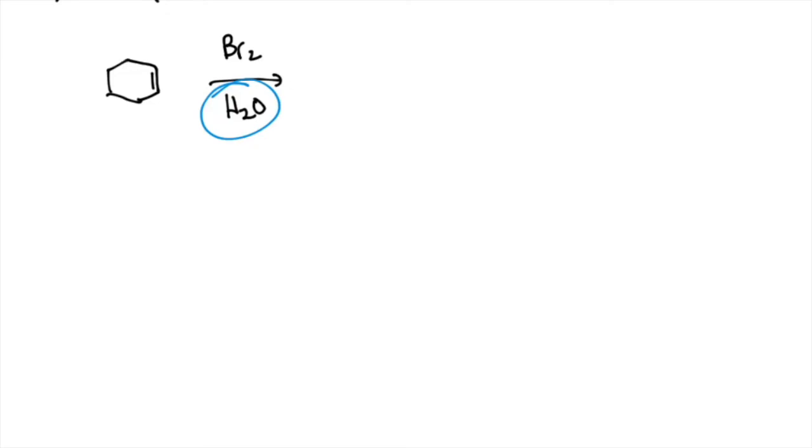Okay, so how does this reaction work? Well, the same kind of thing occurs. You're going to get a syn addition of bromine across that double bond to give you a bromonium ion.